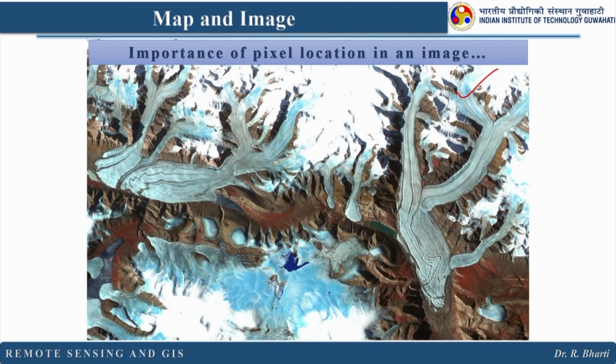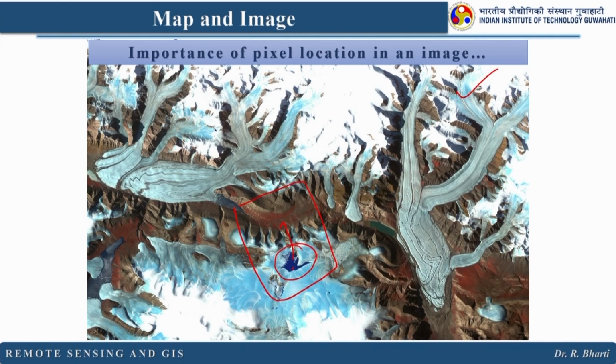Suppose the location of this water body is here, that is its true location. But if there is a slight change in the orientation of this photograph or this sensor image, what will happen? This may get shifted somewhere else, or this part may get skewed, compressed or stretched.